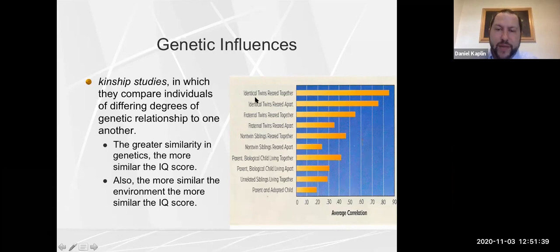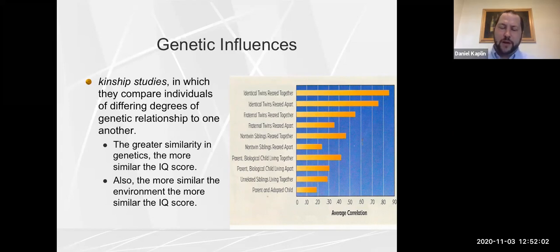So identical twins reared together, you have a correlation upward of 80% or a 0.8, pardon me. Whereas reared apart, it's upward of 0.7. So being raised together in identical twins shifts the correlation up about 0.1 more.